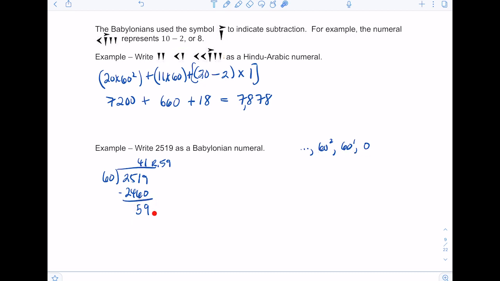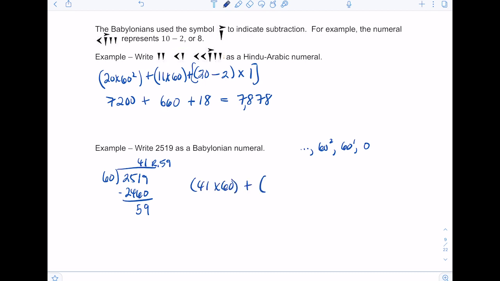Since I can't, 60 can't go into 59, I'm going to stop right there. So what that means is since I divided by 60, it's going to be this number times 60, right? There's 41 groups of 60.